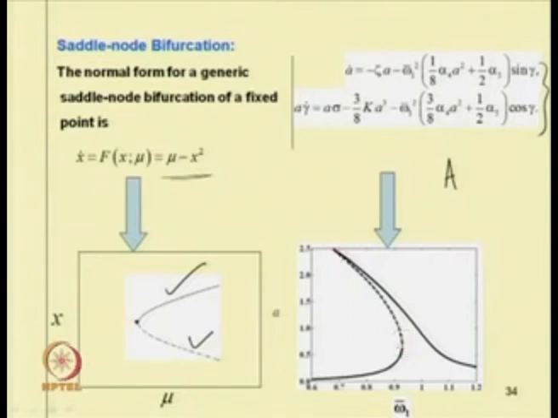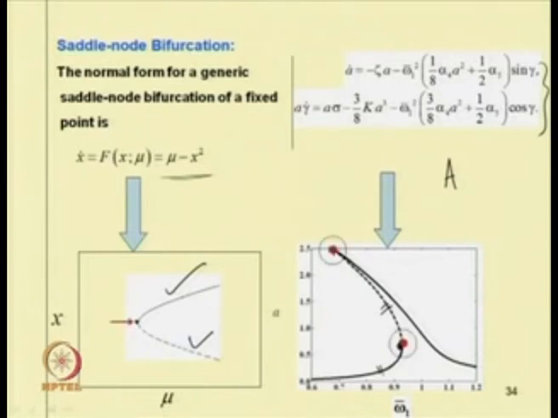One can observe that corresponding to this point, it should have an eigenvalue equal to 0. So, by checking the eigenvalue, one can see this branch is unstable and this is a stable branch.